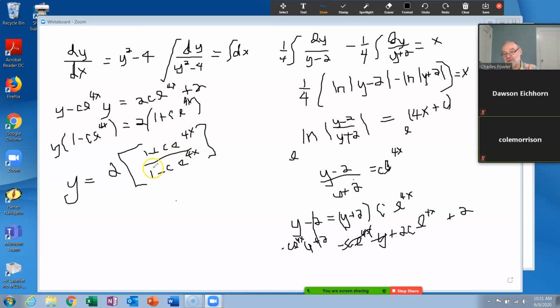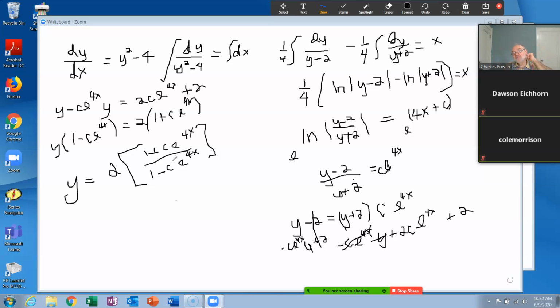That is possible. For y equal to 2, that means this thing is equal to 1, because you could divide both sides by that, and this thing can equal 1. But for y equal negative 2, this would be a negative 1 on this side, and I don't think there's any way in the world you can make this turn out to be a negative 1. Okay? I'm not going to do it or try to do it now, but it is. So y is equal to minus 2 is the only singular solution.